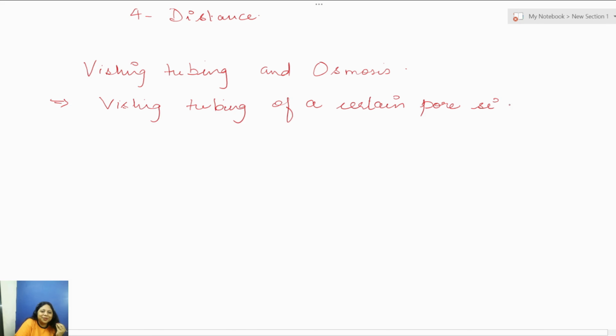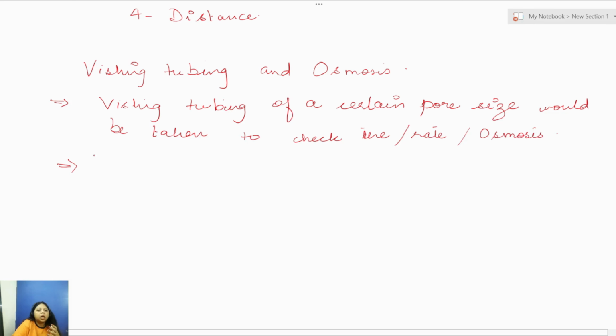Pore size would be taken to check the rate of osmosis, or to check osmosis.